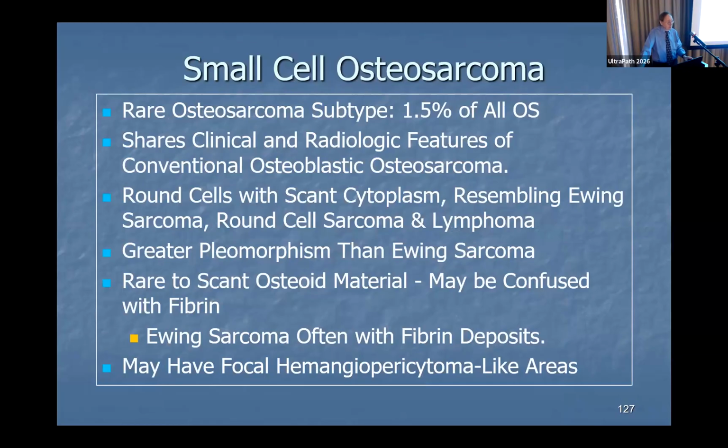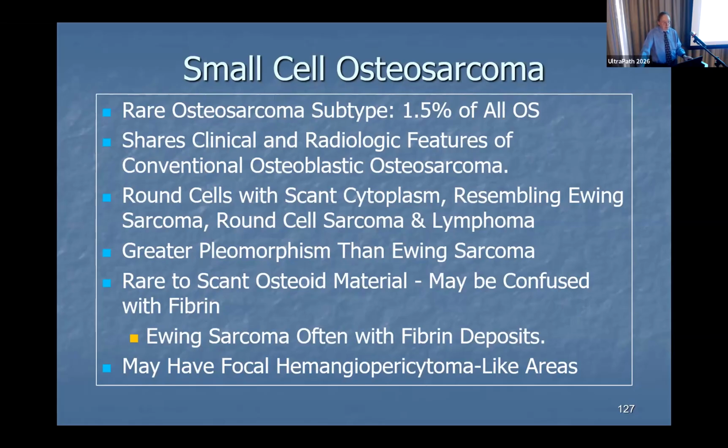It's very rare. It's only about 1.5% of all osteosarcomas, but it shares all the clinical and radiologic features of conventional osteoblastic osteosarcoma. Typically, these cells have scant cytoplasm. They resemble Ewing sarcoma or round cell sarcomas, and sometimes can be mistaken even for lymphomas. They have greater pleomorphism, as you saw with the images I showed you, than typical Ewing sarcoma.